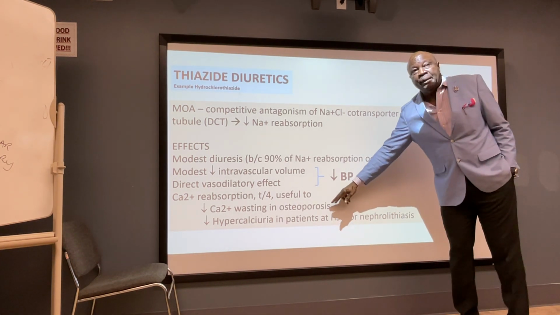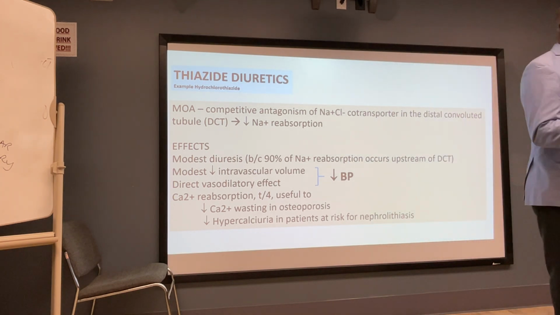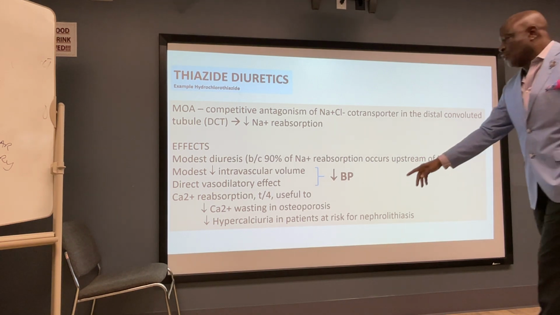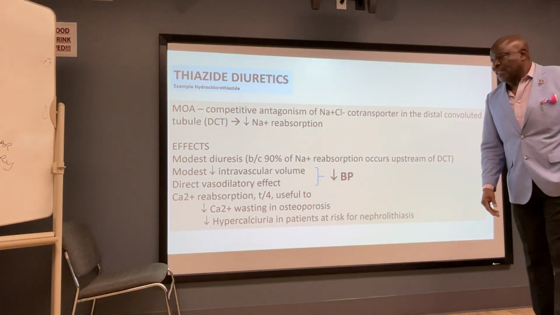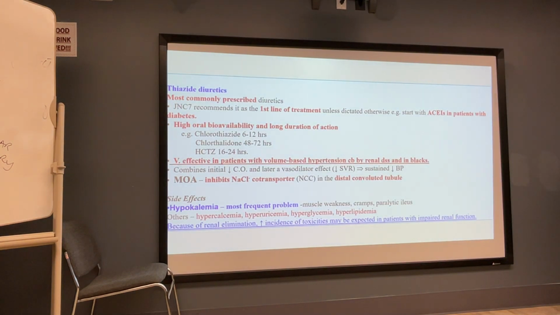That's why in patients that have osteoporosis, who have low calcium in their bones, we can't afford for them to lose all that. So thiazide diuretics increase calcium reabsorption, and they are useful in treating them. Same is true when you have hypercalciuria, patients that are losing too much calcium. Then you want to give this agent.